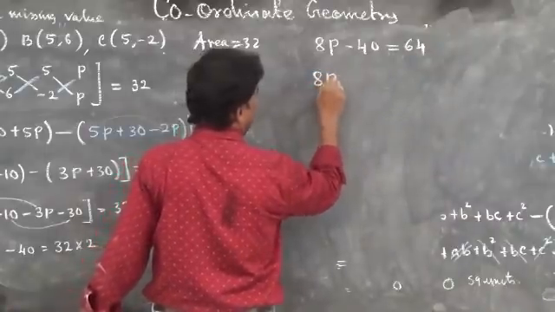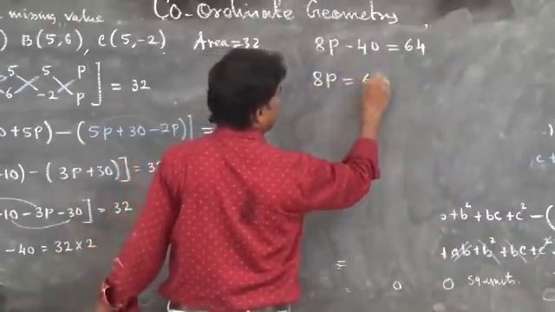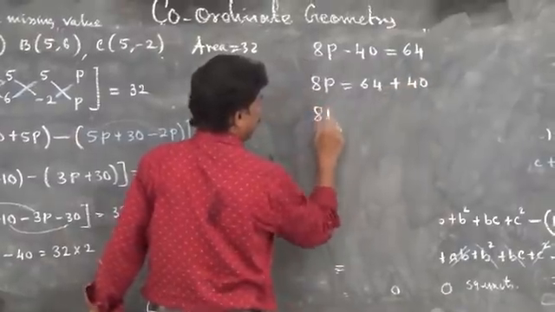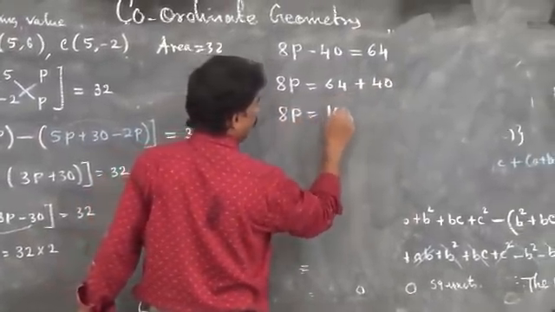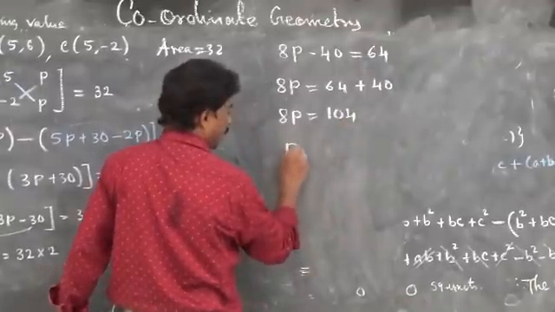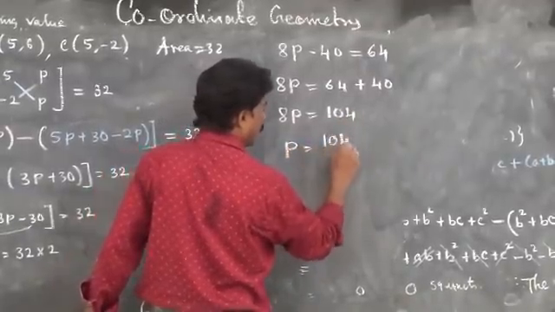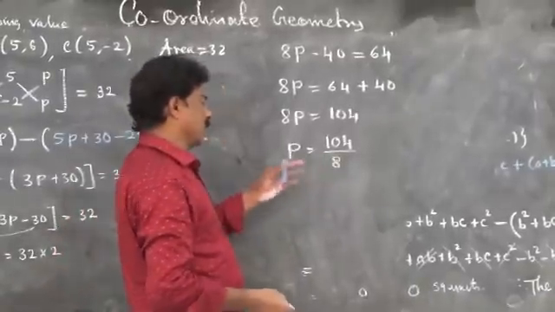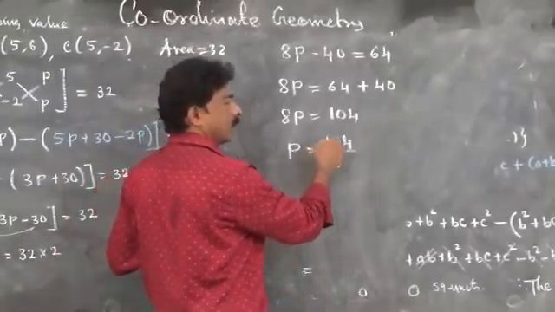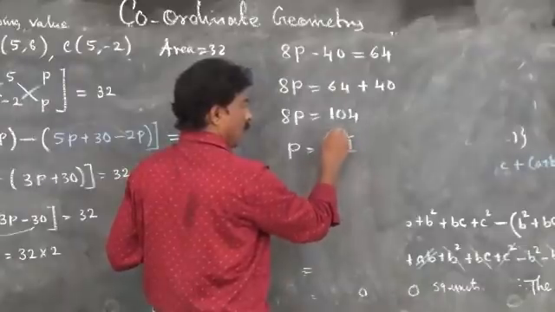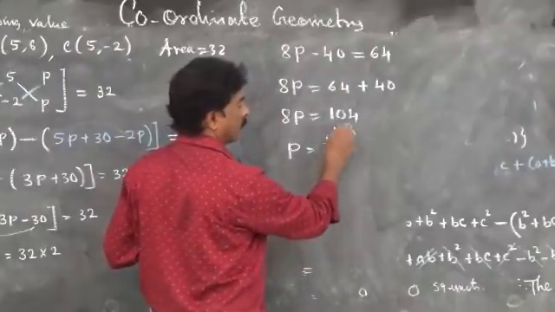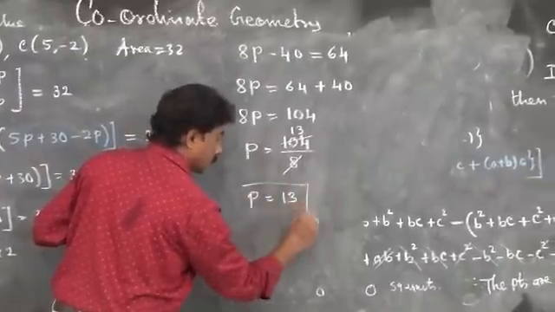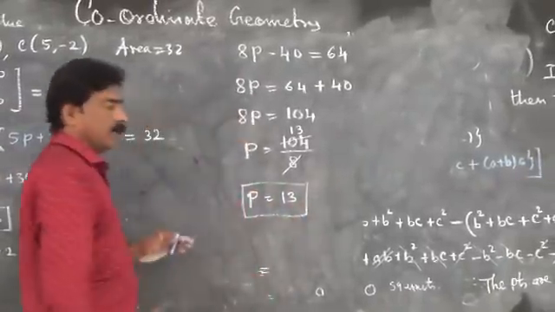So 8P, take the 40 that side, it becomes plus 40. So 8P is equal to 104. So P is equal to 104 by 8. We can simplify by 8. 8 ones are 8, 8 threes are 24. So when you cancel, what is the value for P? P is equal to 13.